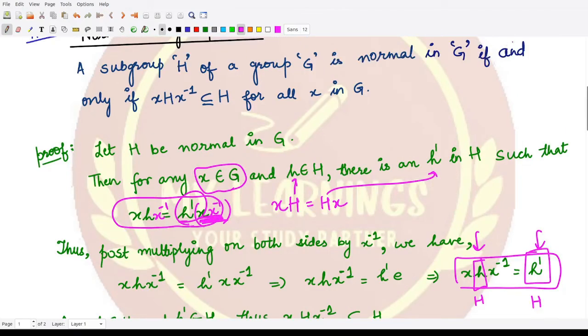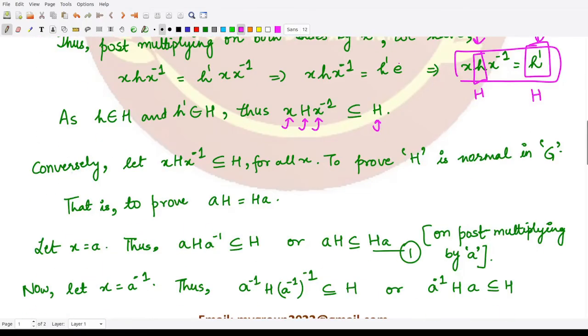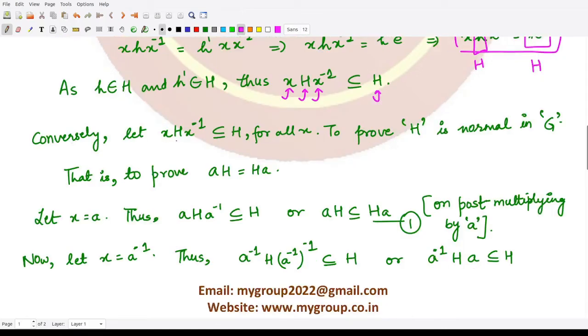Now because we have an if and only if condition here, we also have to prove the converse. For the converse, we assume that this condition is true and we prove that the given subgroup is a normal subgroup in G. For that, we suppose that x H x inverse is contained in H for all x which are members of the given group G, right?